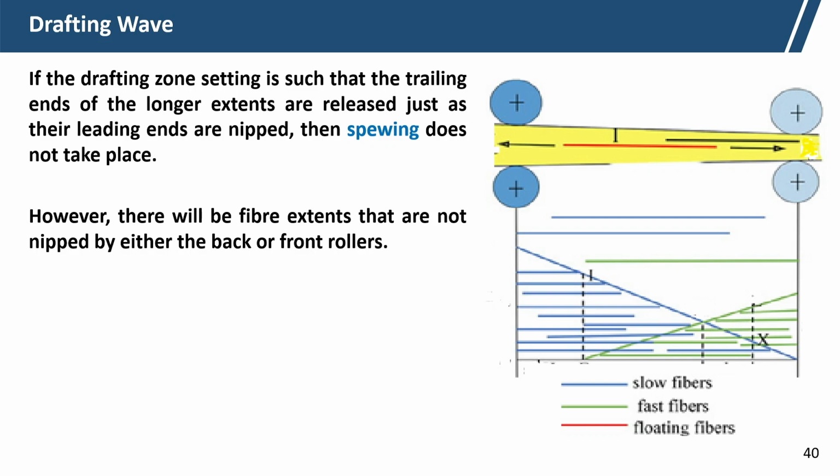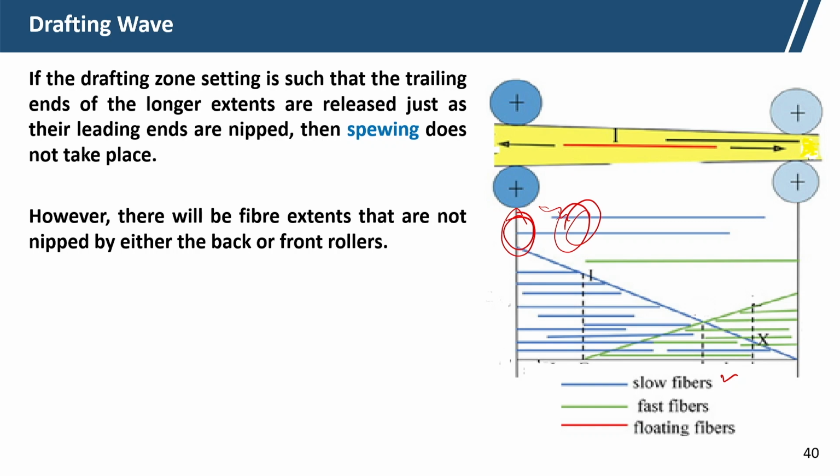The three types of fibers are, one, the blue fibers. Blue fibers are either under the grip of the back roller, or in contact with the fibers which are under the grip of the back roller.